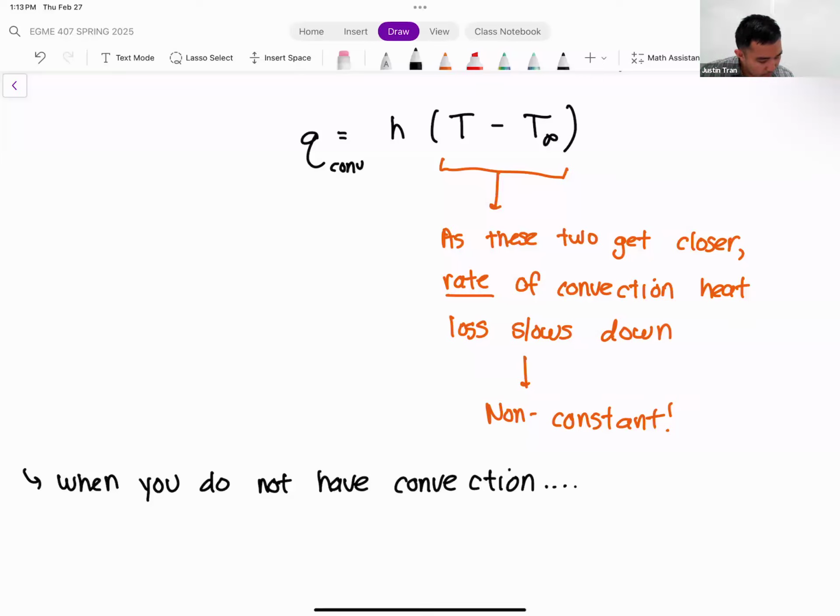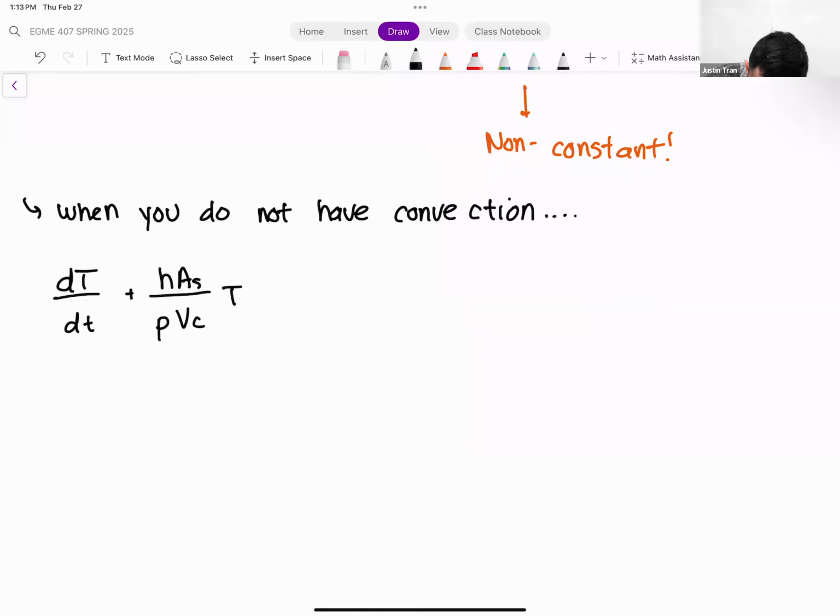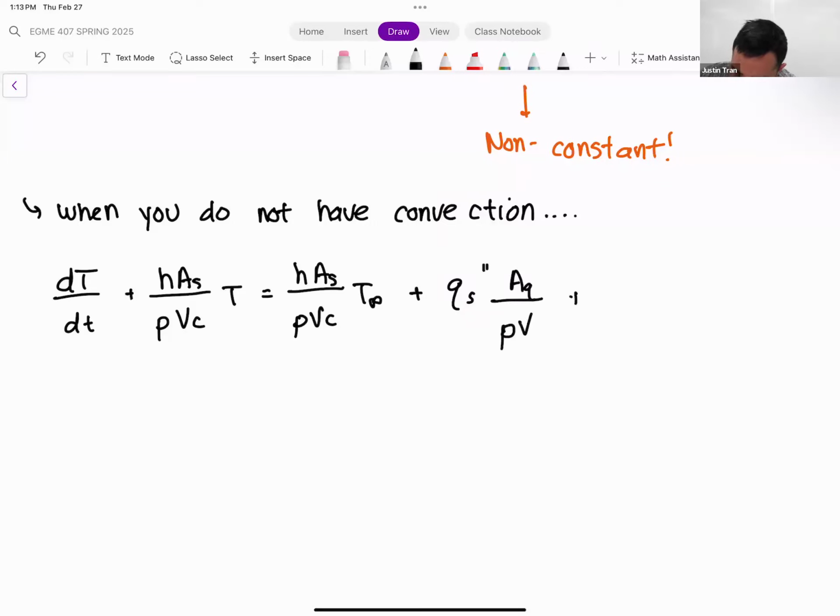Okay. In fact, let me write out the general lump capacitance equation again. So you have dT/dt plus hA_s over rho V c times T is equal to hA_s over rho V c times T infinity plus q_s double prime A_q over rho V c plus thermal production q dot over rho V c.